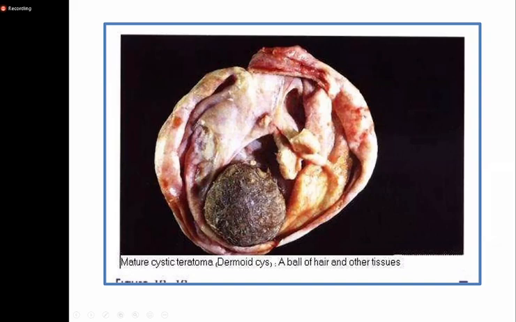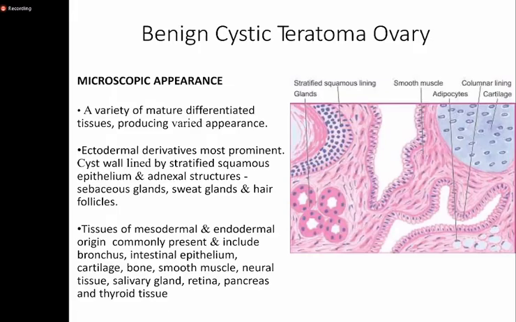Just to recap, the microscopic appearance of benign cystic teratoma of the ovary has a variety of mature differentiated tissues, and thus the varied macroscopic and microscopic appearance.